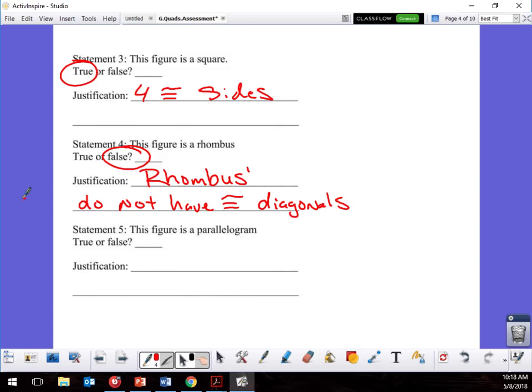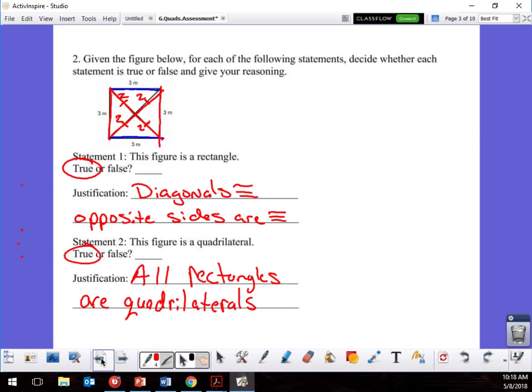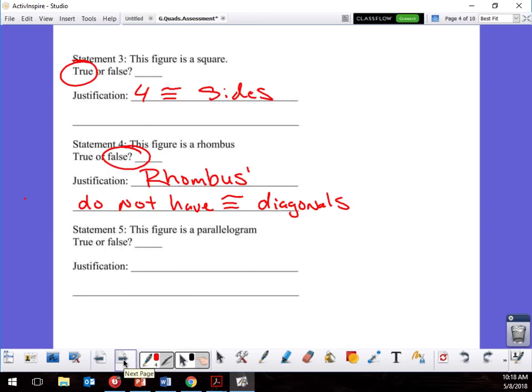Statement 5. Is this a parallelogram? Didn't we already have parallelogram? Quadrilateral. Okay. Now, this goes back to the always, sometimes, and never. Are they in the same column? Are they the same branch? Yes. So, we proved it at first to be a rectangle.